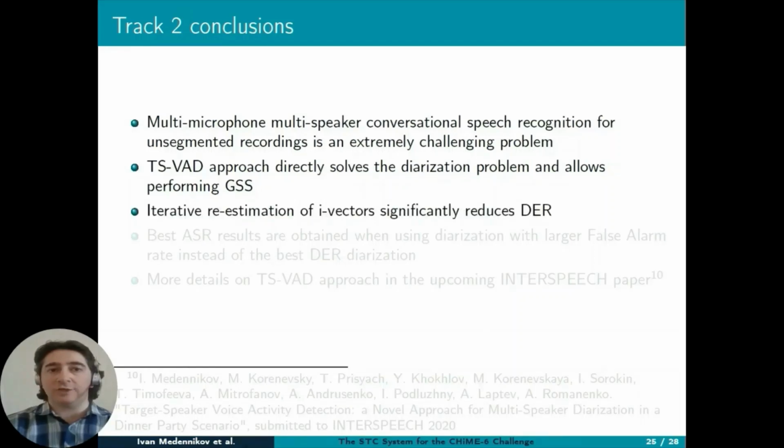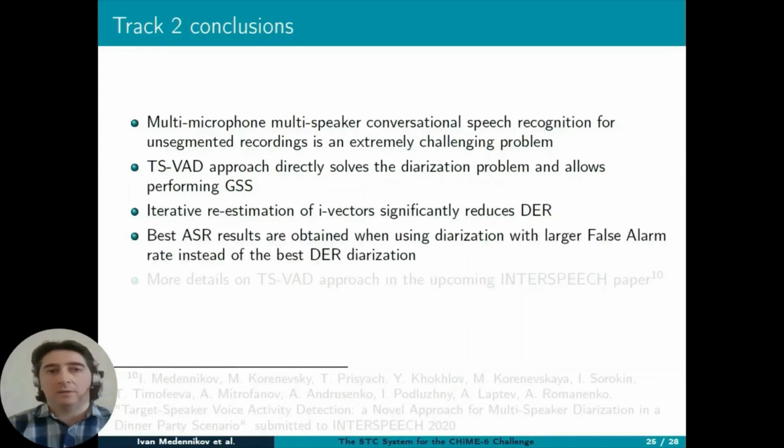To improve diarization, one can iteratively re-estimate the i-vectors used by TSVAD. To obtain the best ASR results, one should use diarization with a larger false alarm rate and fewer miss errors, instead of one with the best DER.